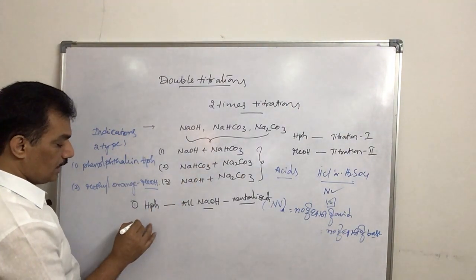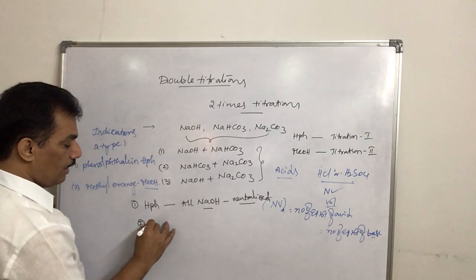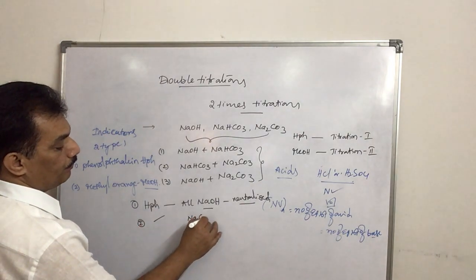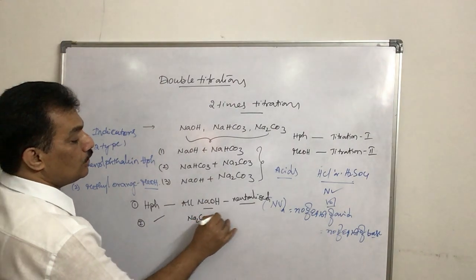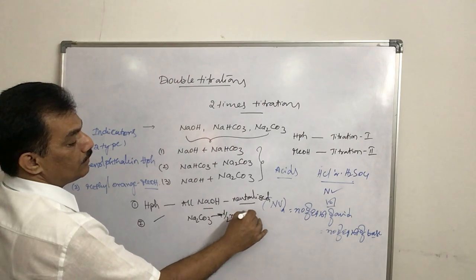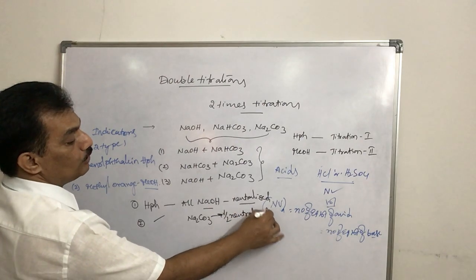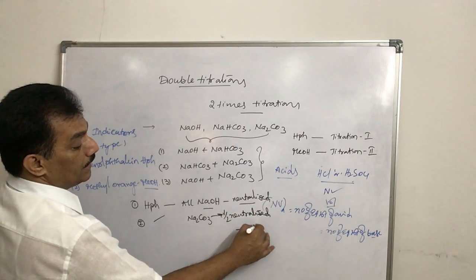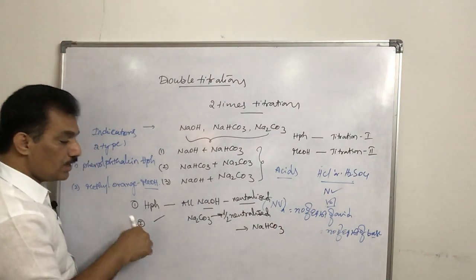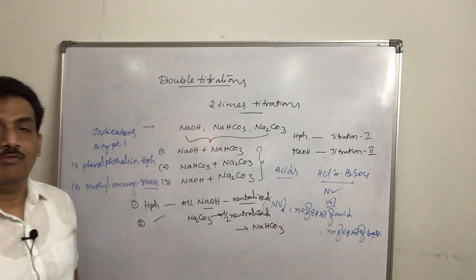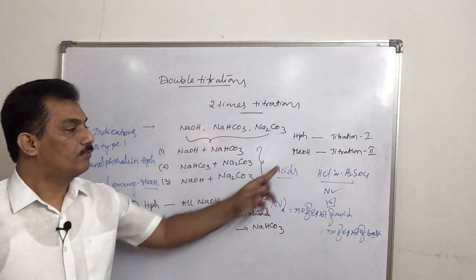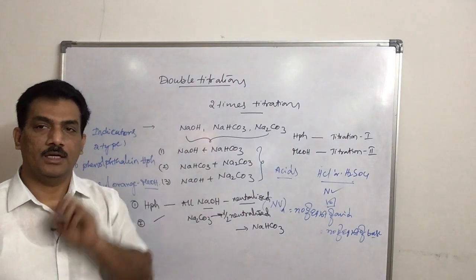And the second one is, in the same phenolphthalein, Na2CO3 is half neutralized. Simply we can consider it like this, half neutralized to NaHCO3. These two phenomena will happen when we are titrating the mixture solution in presence of phenolphthalein indicator.